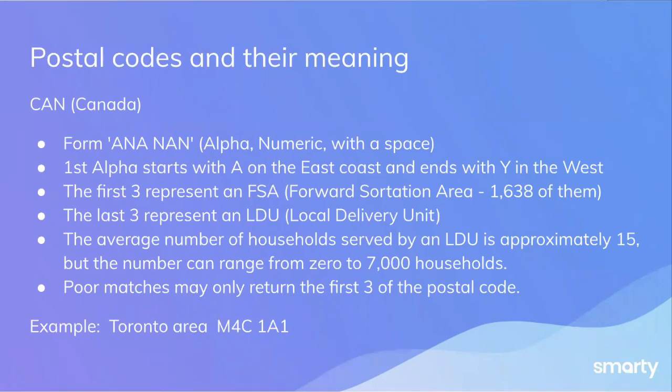So what you'll see sometimes is that with a Canadian address, if you don't get it right, it will only return the first 3 characters, which basically means I have narrowed it down to an FSA, but there isn't enough information in your query to narrow it down further to an LDU. So that's one thing to watch out for. If you only get those 3 characters in a postal code, then it's probably not a good address, and you're going to have to narrow it down a little bit further.